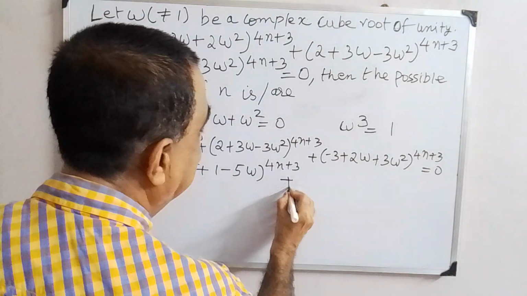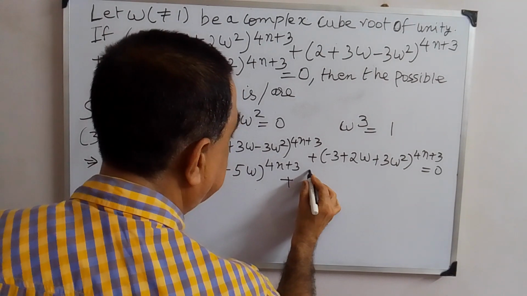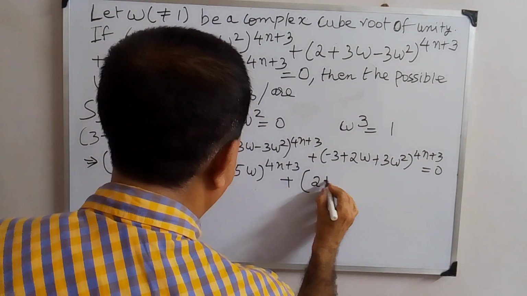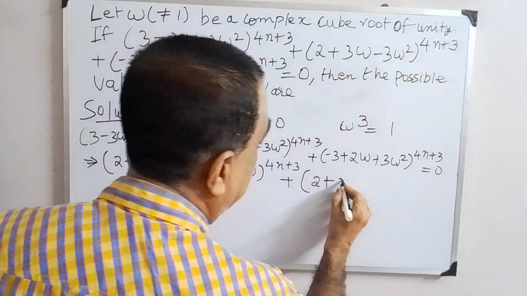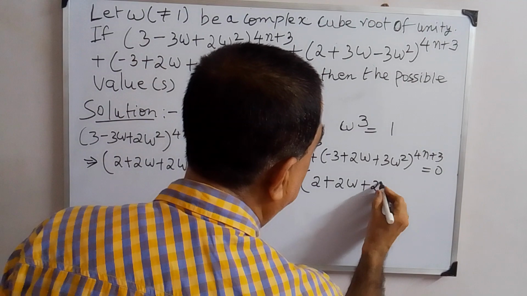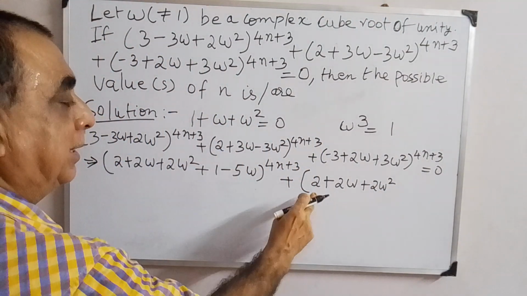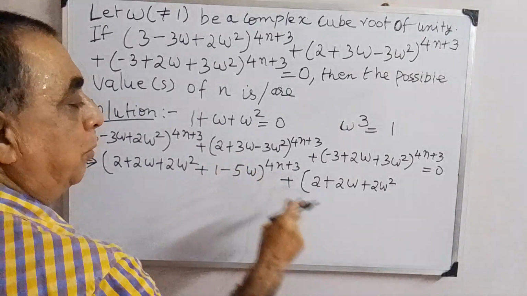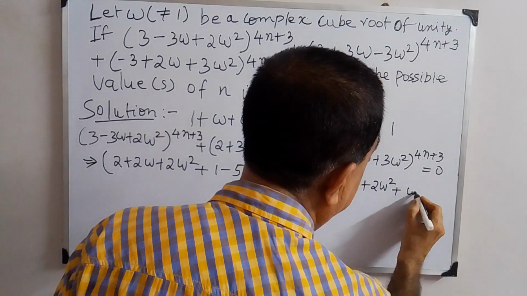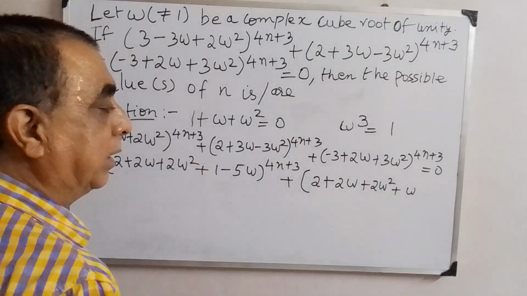Now this expression I am writing like this: I am writing 2 as 2, plus 3 omega, I am writing 2 omega plus 2 omega squared. Here it is 3 omega, but I have written 2 omega, so one more omega I have to write; 2 omega plus omega is 3 omega.